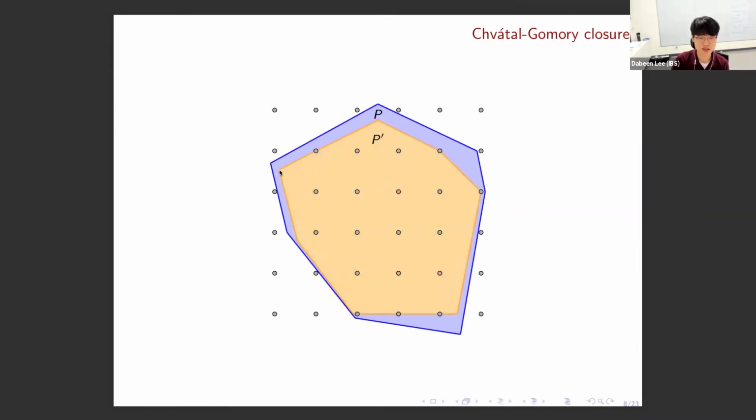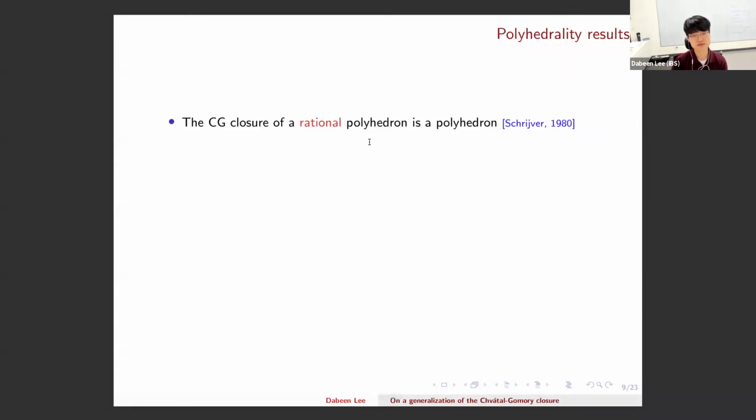This is smaller than the original polyhedron P, but also this is defined by a finite number of linear inequalities. So again, if you take a rational polyhedron and its CG closure, then it's a polyhedron. By polyhedron, I mean that it's defined by a finite list of inequalities.